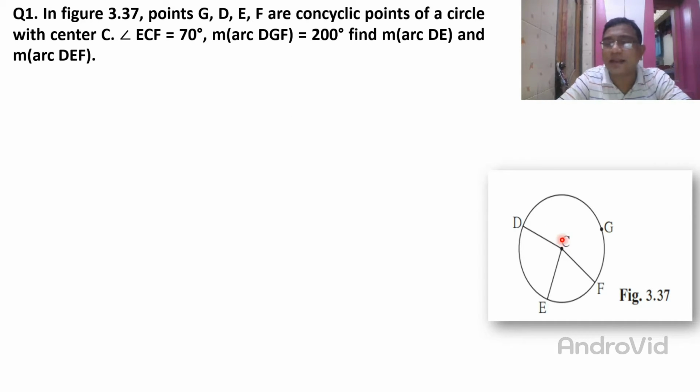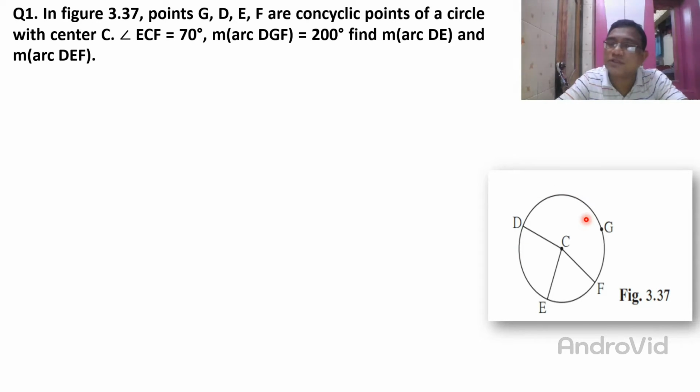So see, this is the diagram. C is the center point of the circle, and the points on the circumference are D, E, F and G. All these points lie on the circumference, so they are called concyclic points.